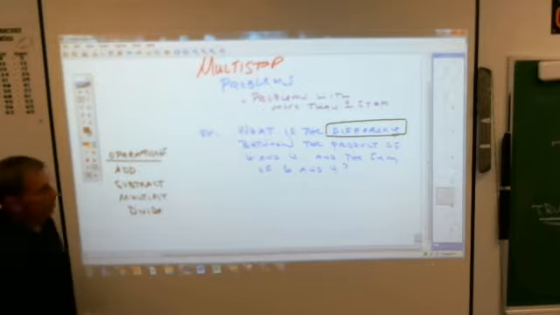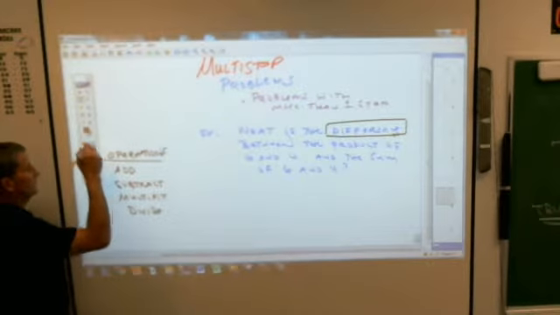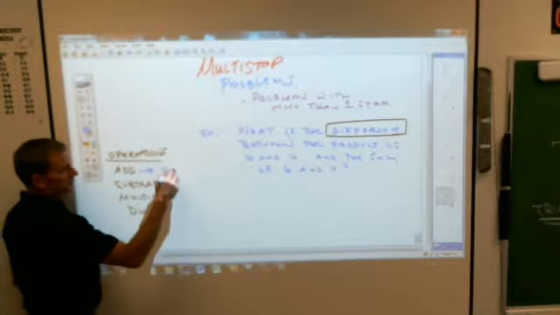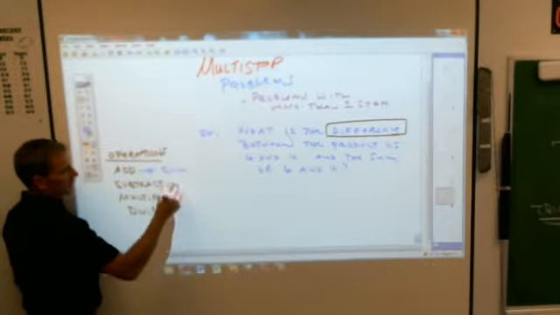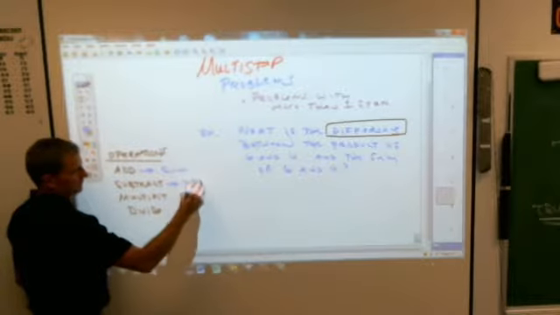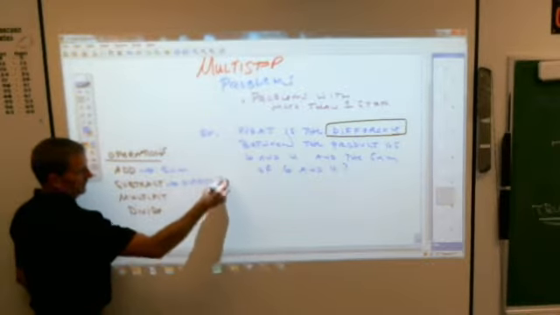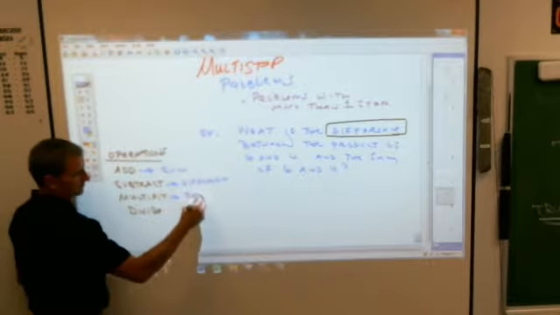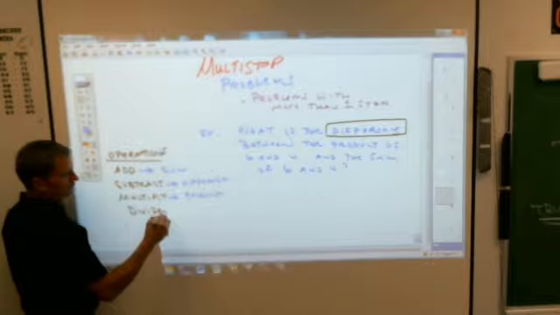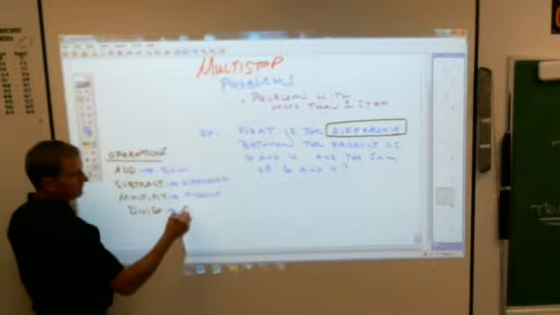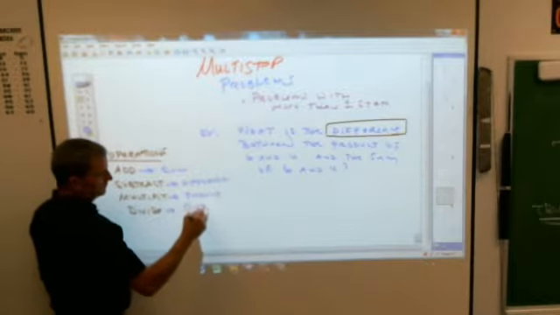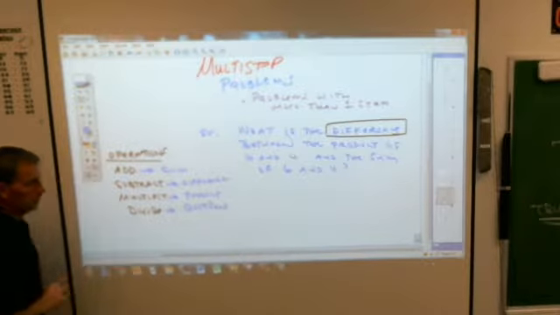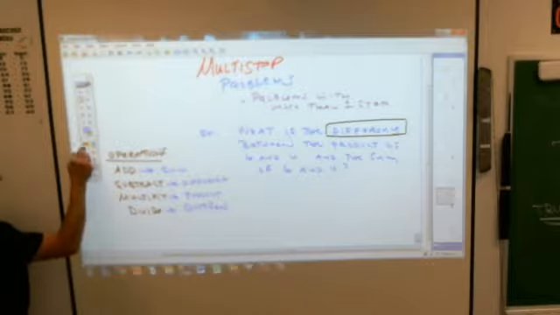Let's jot them down in case we don't know. The answer to an addition problem is called the sum. The answer to a subtraction problem is called the difference. The answer to a multiplication problem is the product. And the answer to a division problem is called the quotient. When you see those words pop up, that's what you should be thinking.